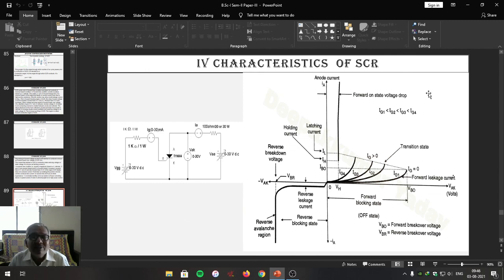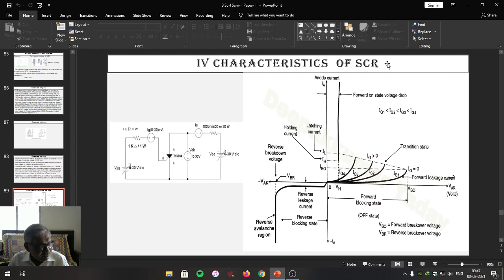SCR is used in AC supply as well as in DC supply. In the DC supply, naturally it should be forward biased, but in the AC supply, as the polarity varies, when the anode receives the positive half cycle and the cathode receives the negative half cycle, it will be forward biased and is capable of conducting current.